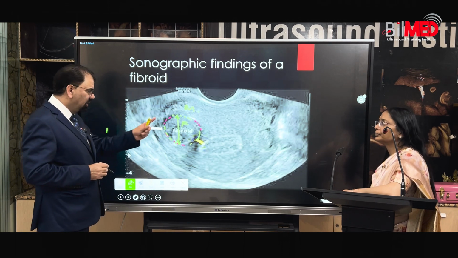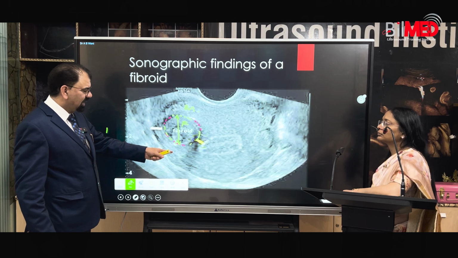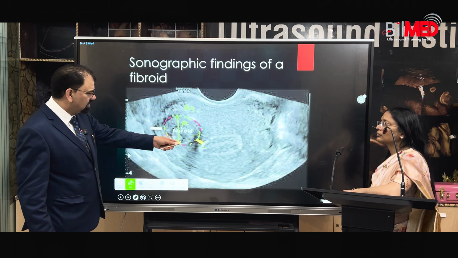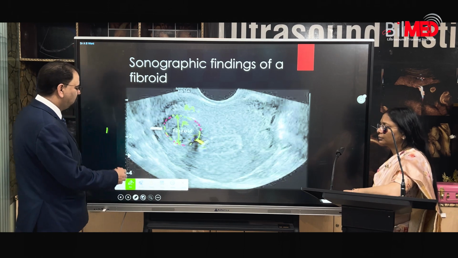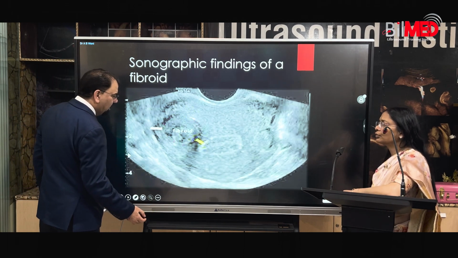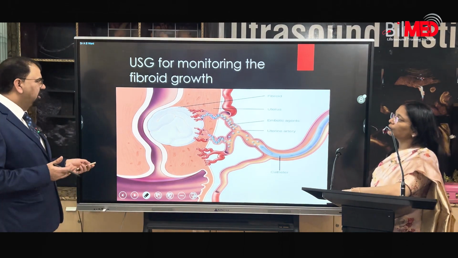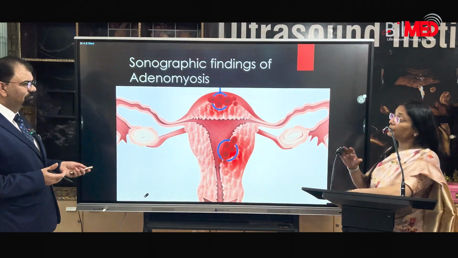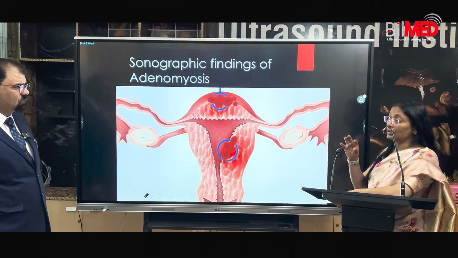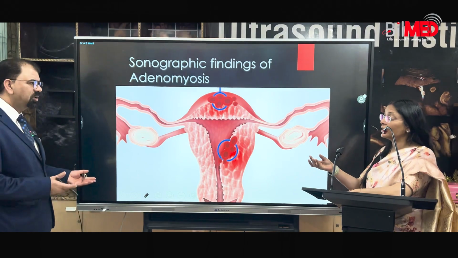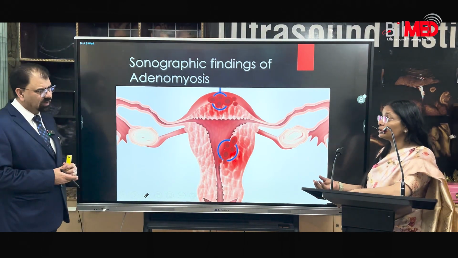And usually the calcifications are also located at the margins, at the contours of the fibroid. This way we can monitor the fibroid's growth, because basically the patients are very concerned whether their lump is getting bigger or smaller, or changing into cancer.